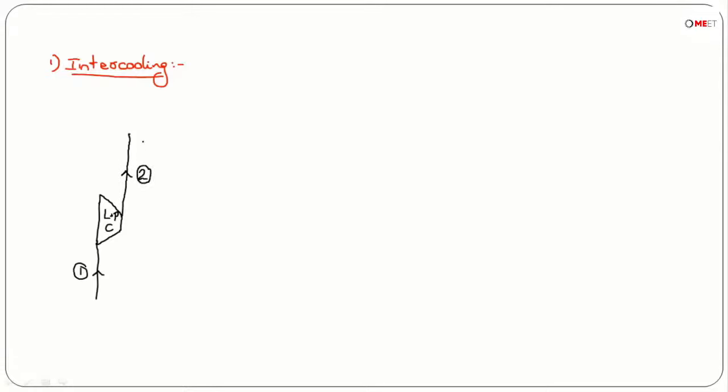Now this air enters a device called an intercooler. From this intercooler it comes out by rejecting heat at constant pressure, such that the temperature drops and further this air can be compressed.